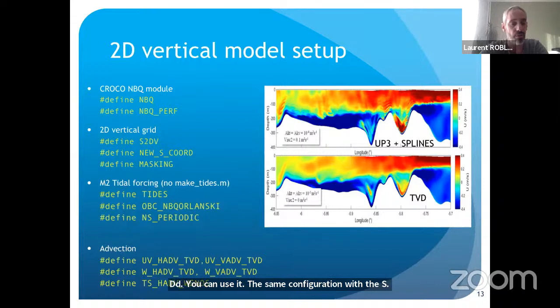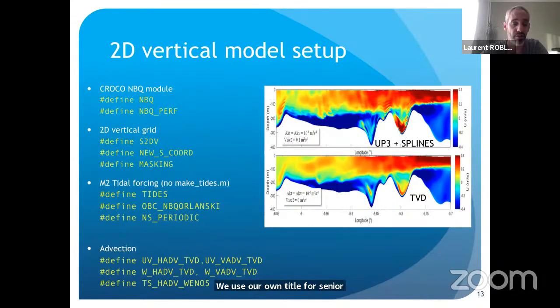Then you use a new S-coordinate for the vertical coordinate and the masking key for using the topography. We use our own tidal forcing with the NS_PERIODIC CPP key.